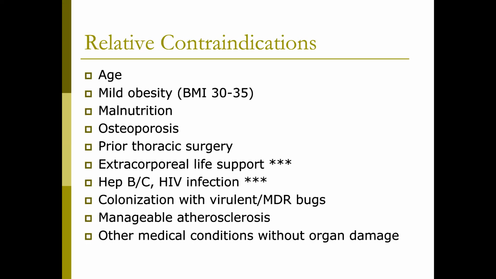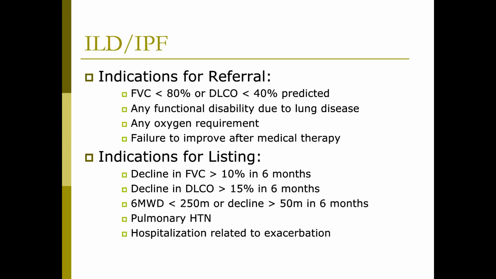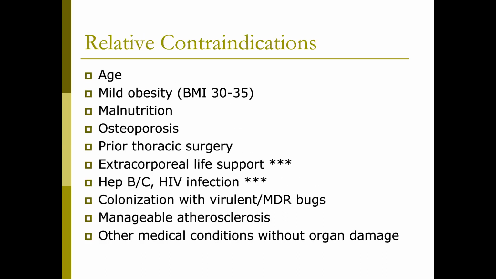Again, most of the things on this list generally make sense. We don't want someone with malnutrition or osteoporosis. We spoke about thoracic surgery for a little bit. It's not an absolute contraindication, but again, you would probably pause and think twice about transplanting someone who has had thoracic surgery.